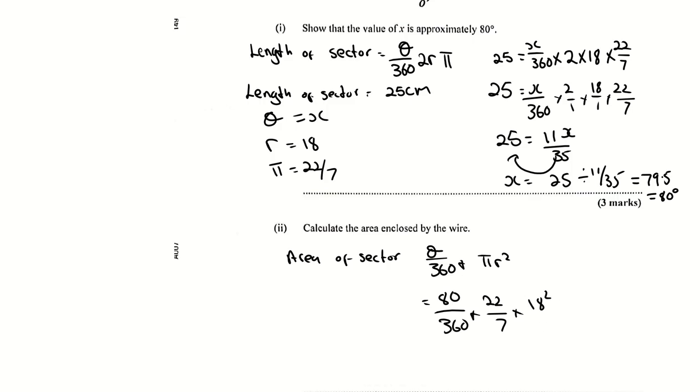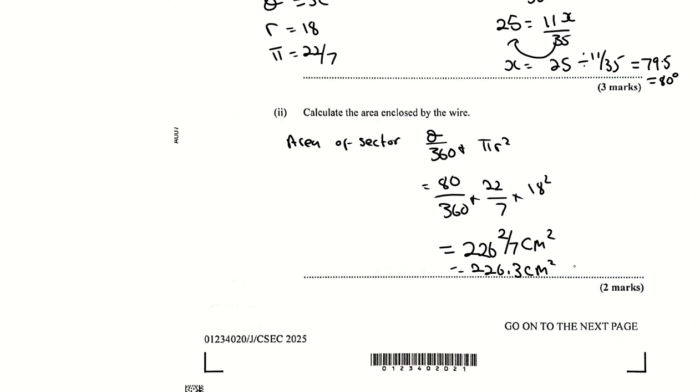Let me make sure. That's 226 and 2 over 7 centimeters squared, or you can just put 226.3 centimeters squared, and that is your answer to 1 decimal place for part 2.